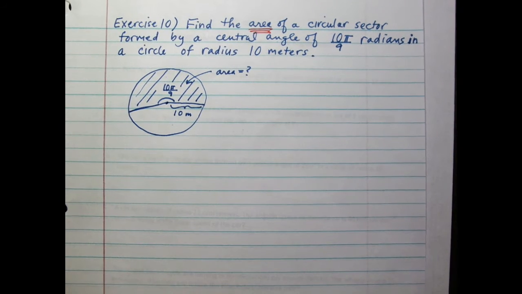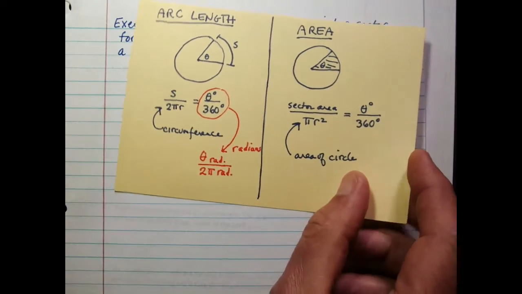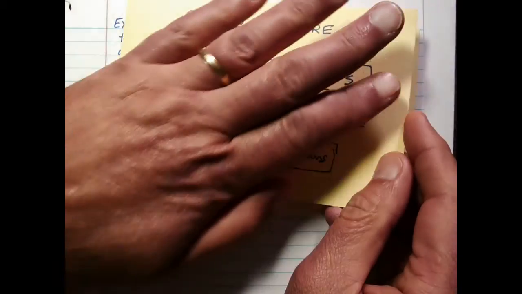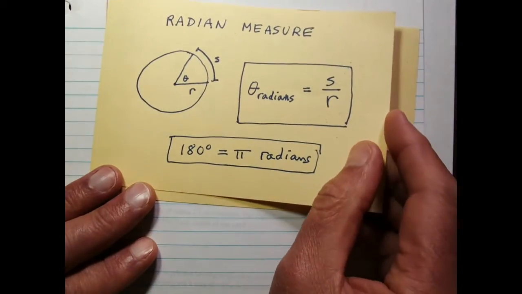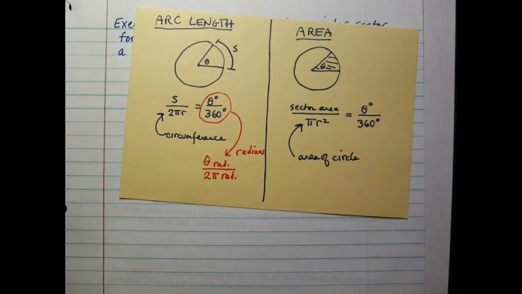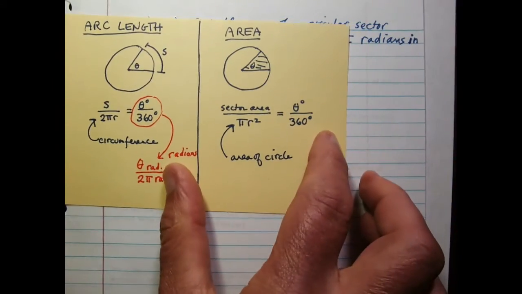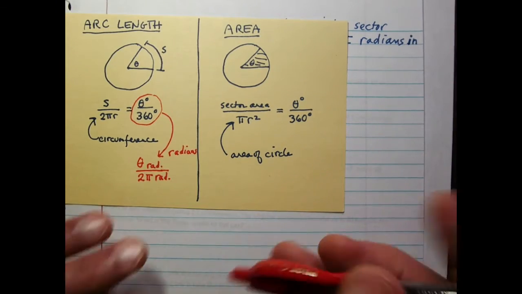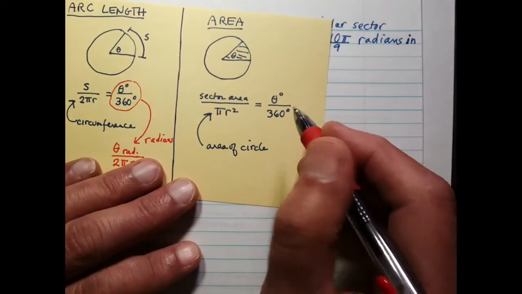So because this is an area problem, we cannot use arc length. We cannot use the radian measure formula because that only involves arc length of a sector. So for area, we've got to rely on a proportion.